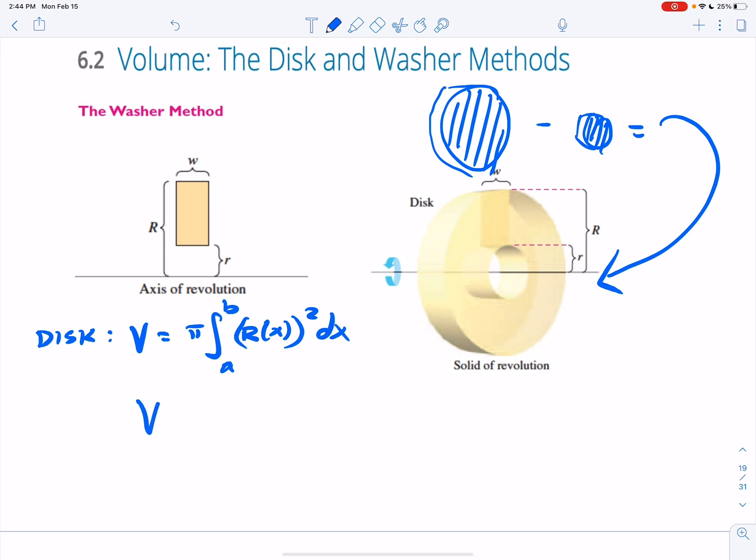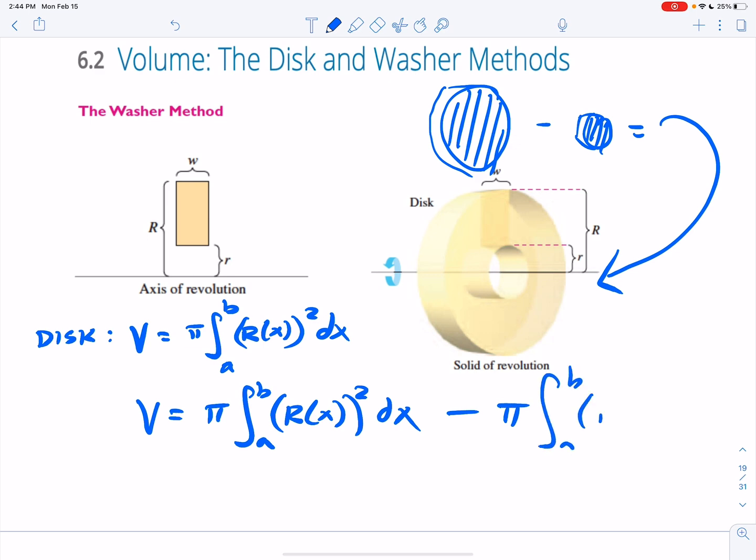So here's what's happening. If I take the volume of the entire disk and I subtract out the volume of my smaller disk, which I'll use little r of x, that should give me my washer, right? It kind of makes sense. Bigger disk, subtract out the smaller disk, you get a donut.